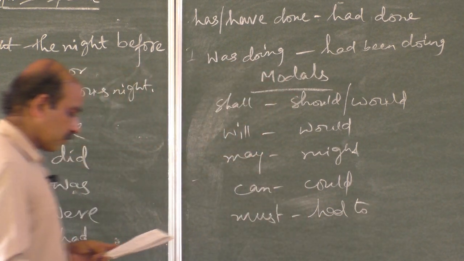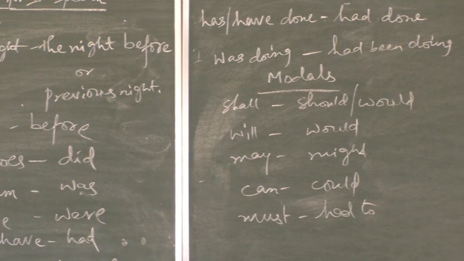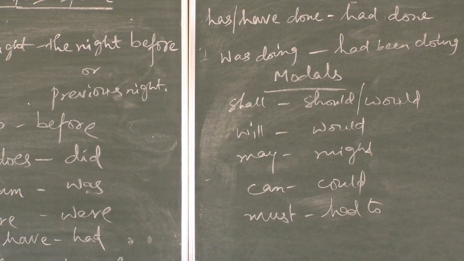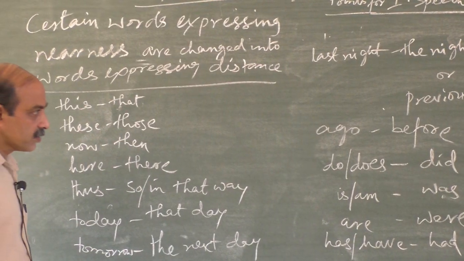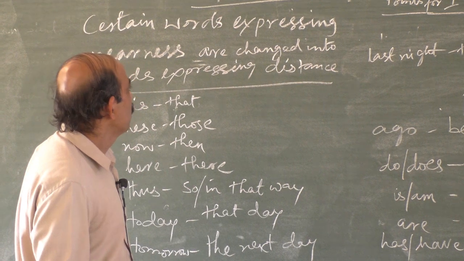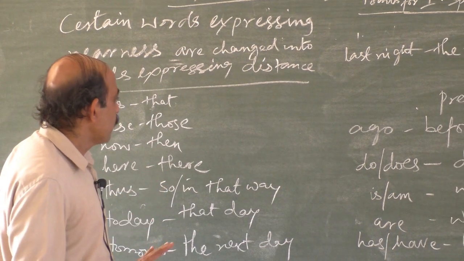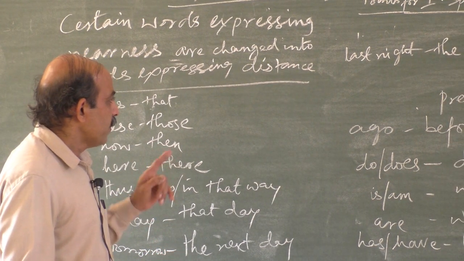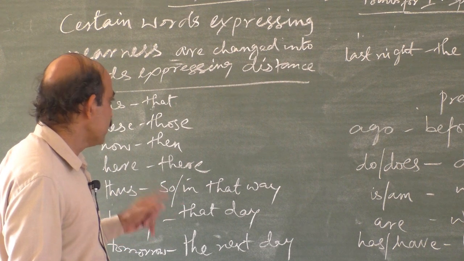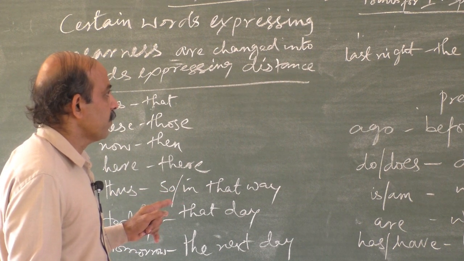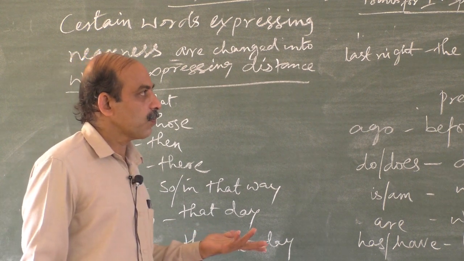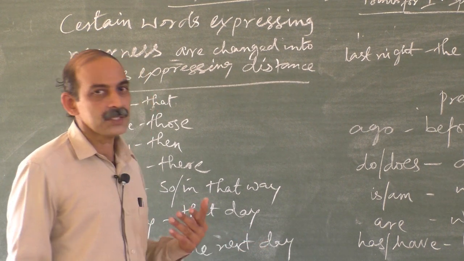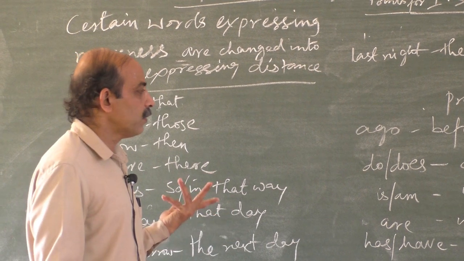So these are some of the changing items from direct to indirect that you have to remember. This, that, these, those, now, then, etc. You can understand this because I have already expressed it, and these are very important because if you make mistakes at this level, naturally the meaning is not properly conveyed. If the meaning is not properly conveyed, naturally people won't understand.